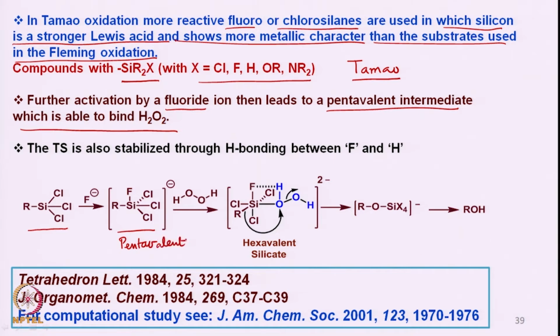Then hydrogen peroxide also reacts with it to form the hexavalent silicate ion. So it is an example of hypervalency.